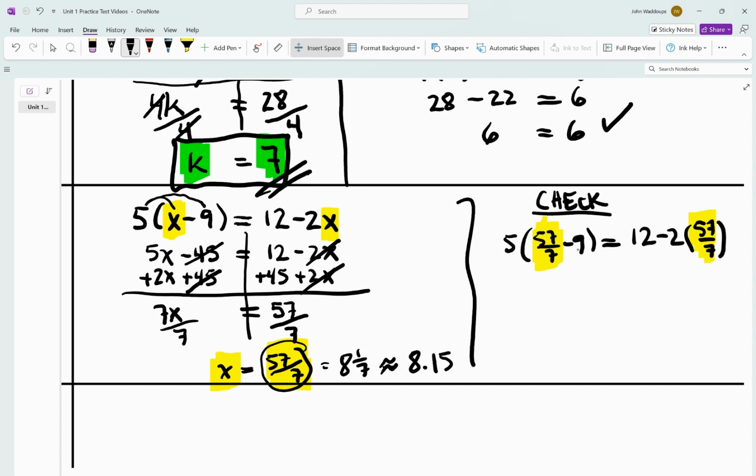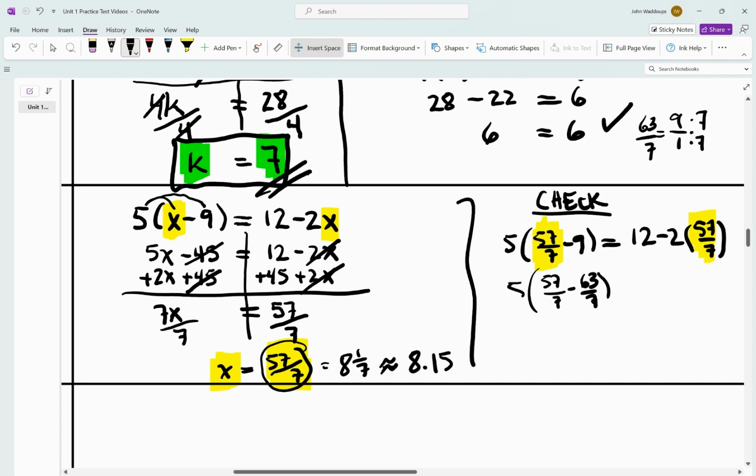57 sevenths minus 9. Now, 9 in terms of sevenths, remember that 9 is the same as 9 over 1. So if I multiply both the top and the bottom by 7, that would make that 63 sevenths. And so I've got 57 sevenths minus 63 sevenths, times 5.